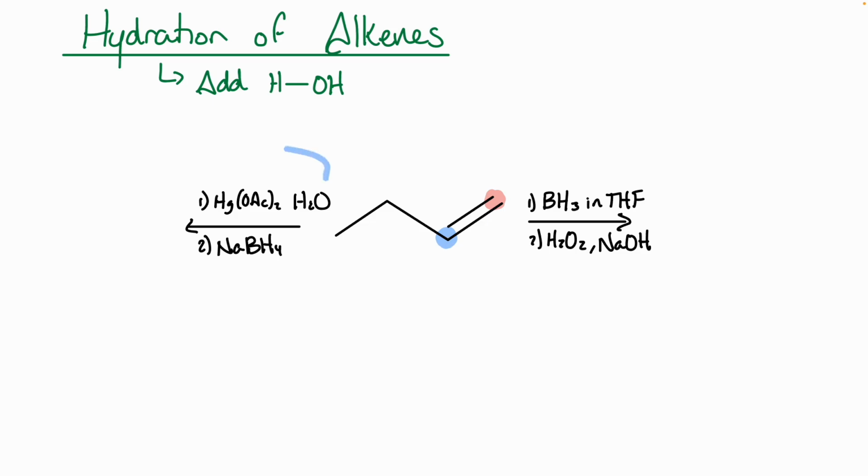For the first one with the mercury, which one is it going to be on, the red or the blue carbon? The blue, and why the blue? More substituted, right? The more substituted carbon. So when I'm looking at this ugly list of reagents here, I just blur my eyes and I see this mercury here. That's going to let me know that this is the more substituted carbon. That's the one thing we have to remember.